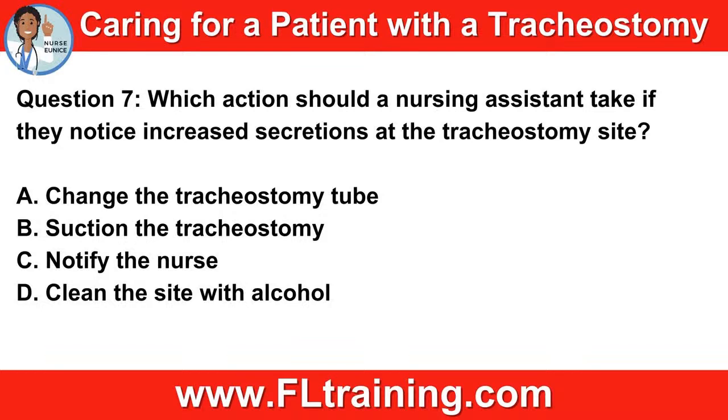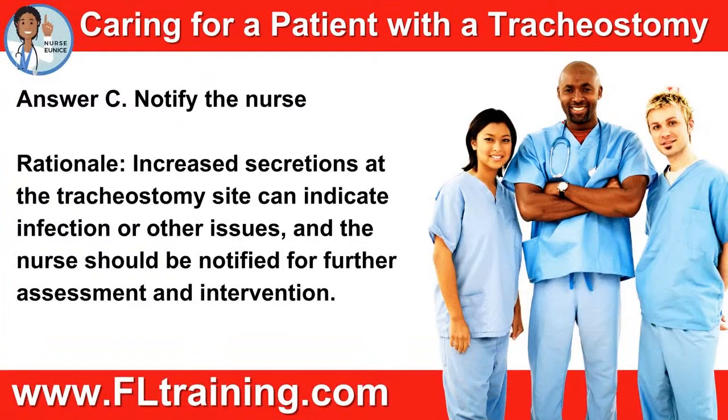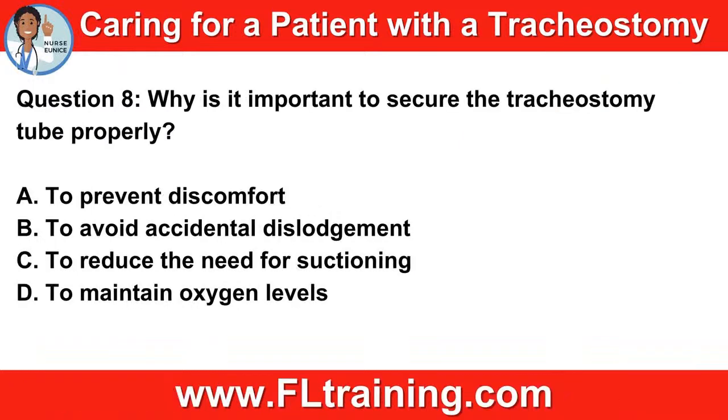We're not doing D. Perfect, team. Yes, perfect. I am so proud of you. Everybody knew to notify the nurse. See, the increased secretions at the tracheostomy site can indicate infection or other issues, and the nurse should be notified for further assessment and intervention.